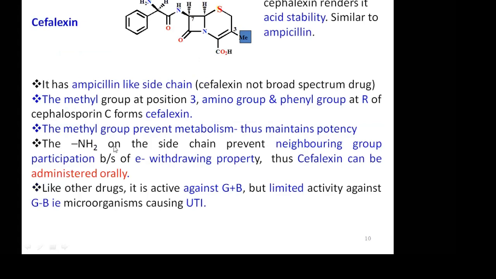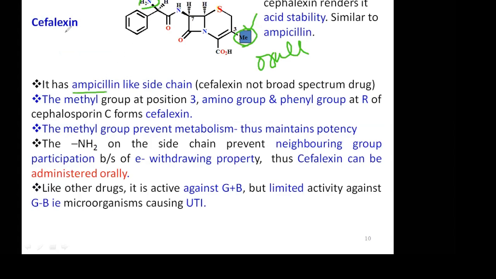Next is cephalexin. They got a good drug which is orally effective. Why? Because of this methyl group and this amine group. This prevents neighboring group participation. There is no chance of metabolism here. So this drug can be given by the oral route of administration. So do not confuse that. This is like penicillin, no?